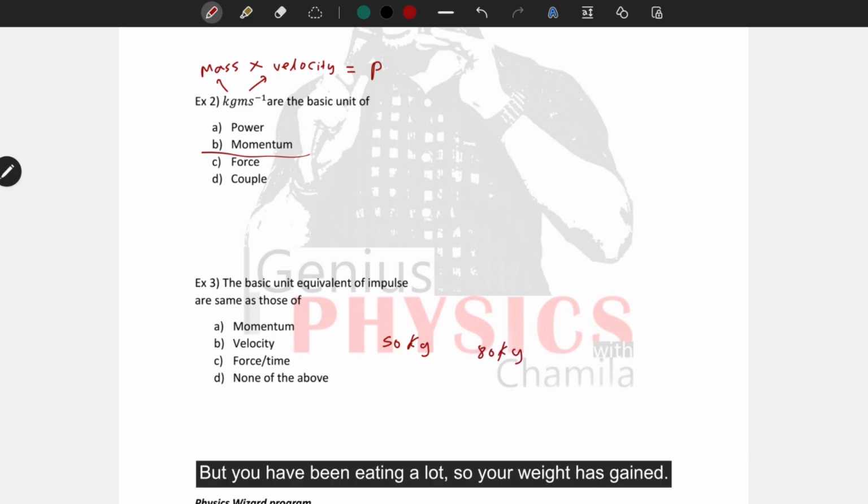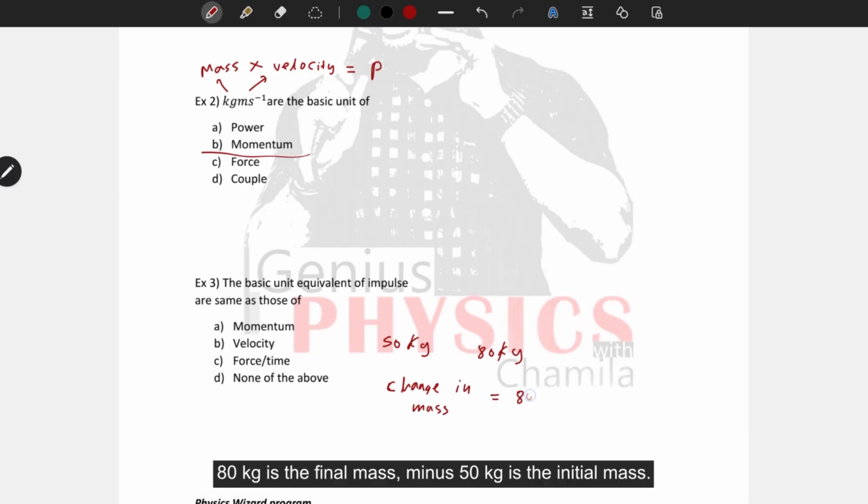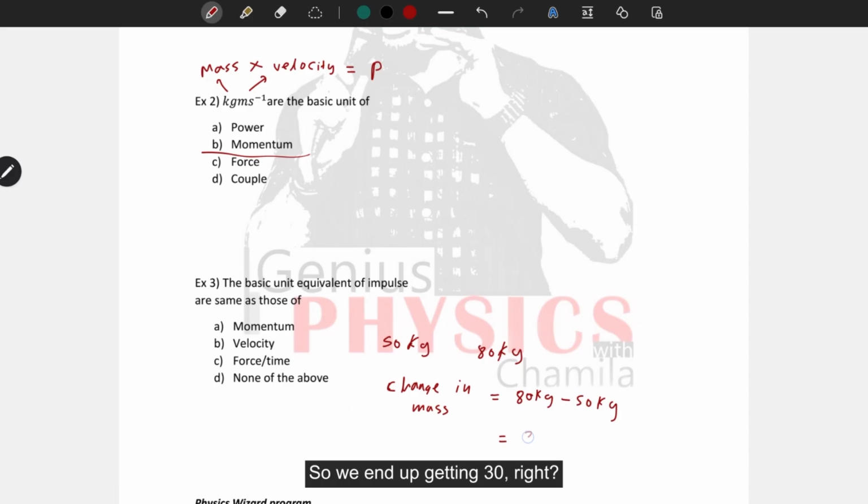But you have been eating a lot, so your weight has gained in 10 years. Your weight has gained by 30 kilograms. So now when you write the change, the change in mass is equal to 80 kilograms, the final mass, minus 50 kilograms, the initial mass. So we end up getting 30, right? But the magnitude or the value doesn't matter here.